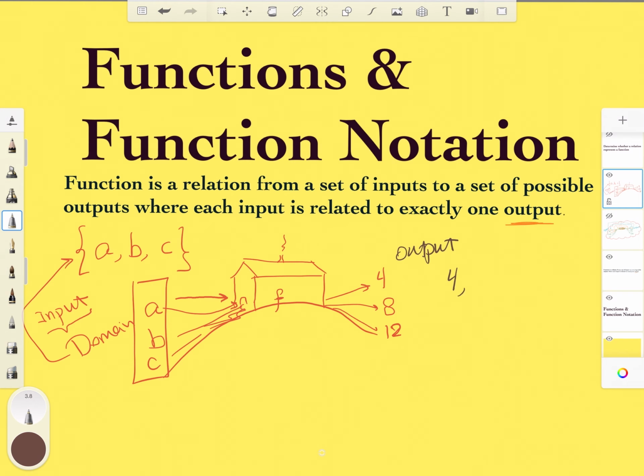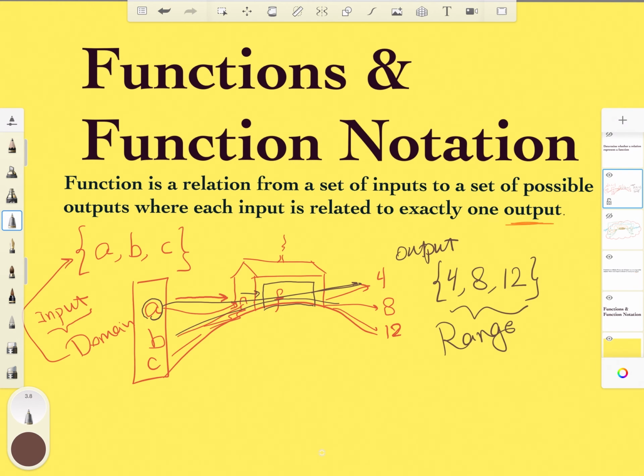Sometimes they ask us what is the relation between input and output. That's a kind of complicated question. For this example, there is no way we can say how A becomes 4 and how B becomes 8, so I just made up the example.